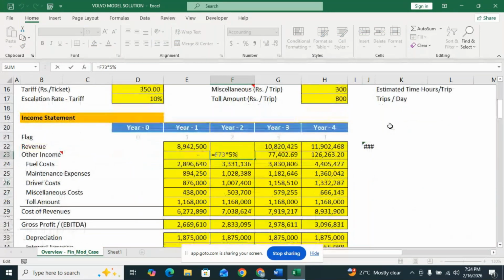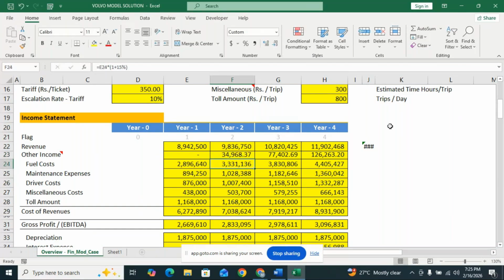So I've just elaborated the calculation here. Compute the other income for all the years from year 2 to year 4.